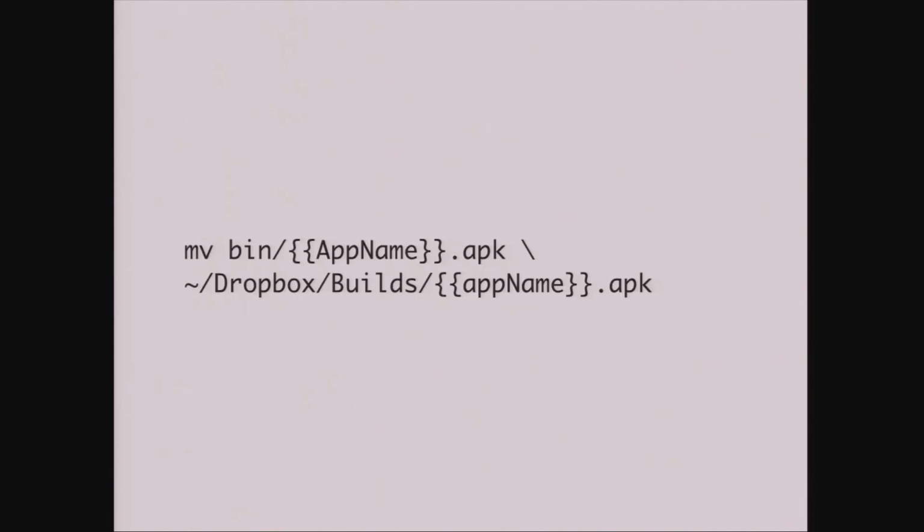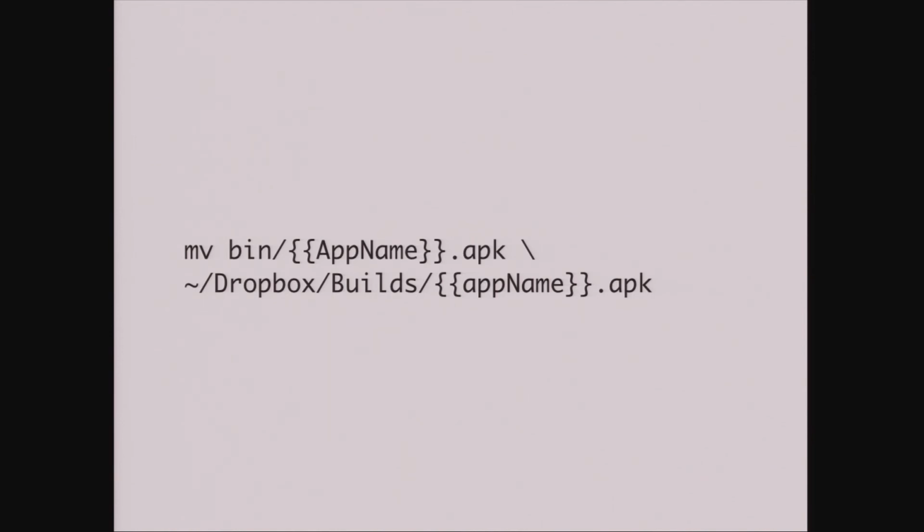It gives you an APK, and then we could take that APK and upload it to Hockey app, or even put it up on a server for the devs and the QAs to download. Another thing you can do is just stick it in Dropbox or something. This worked for us for a while.